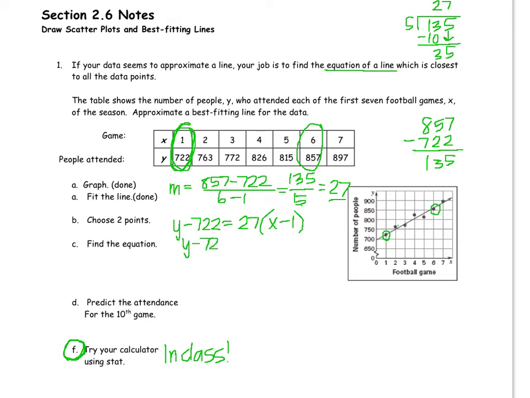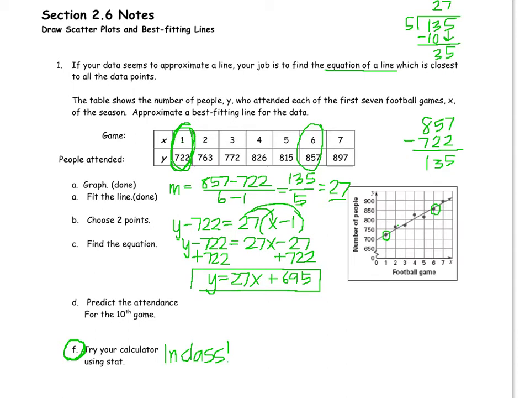When I distribute the 27, I get 27x minus 27. Now I add 722. So y equals 27x, and 722 minus 27 is plus 695. So here's my equation.